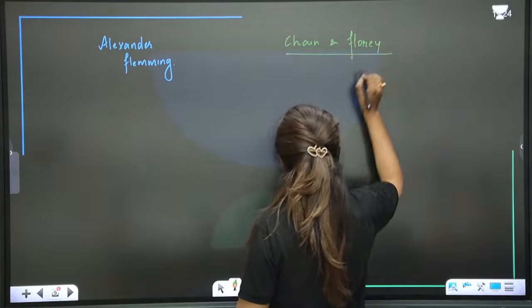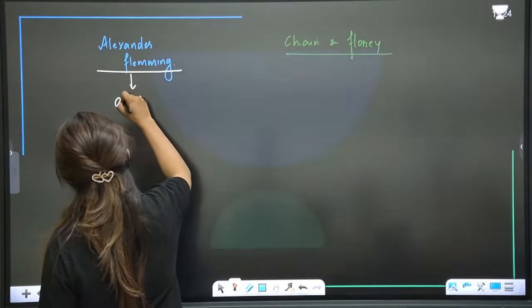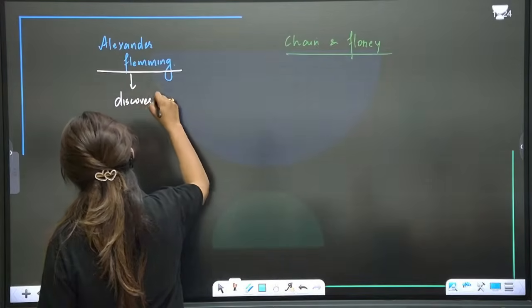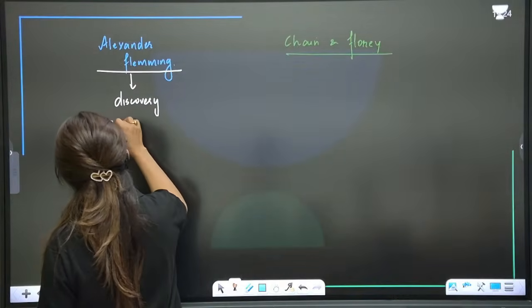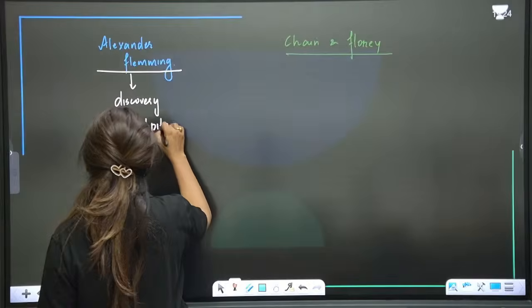So what did these two people do? Fleming is credited with the discovery, and this discovery was also a chance discovery, which is known as serendipity. Clear?